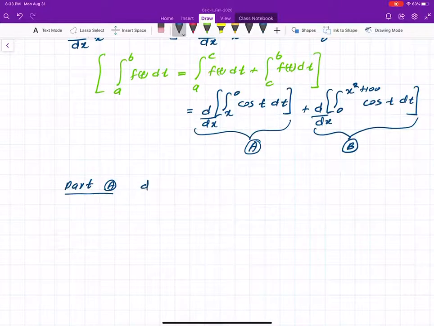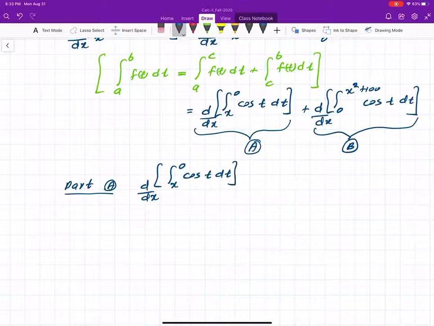In part A, you have to compute this derivative, the integration from x to 0 of cos t dt. Now you have to check the lower and upper limits. The lower limit is x, not okay. The upper limit is 0, not okay.